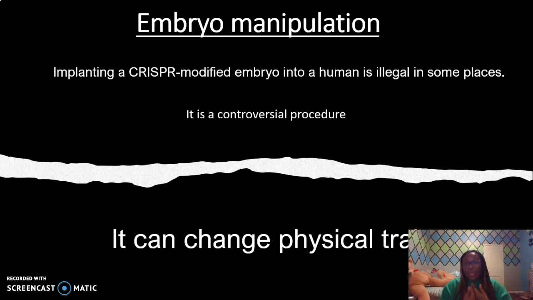They wanted me to have blue eyes. That would mess up the brown eye gene pool down the line. My kids probably would not have brown eyes because in that embryo manipulation, they changed my gene trait of going to have brown eyes to blue eyes.